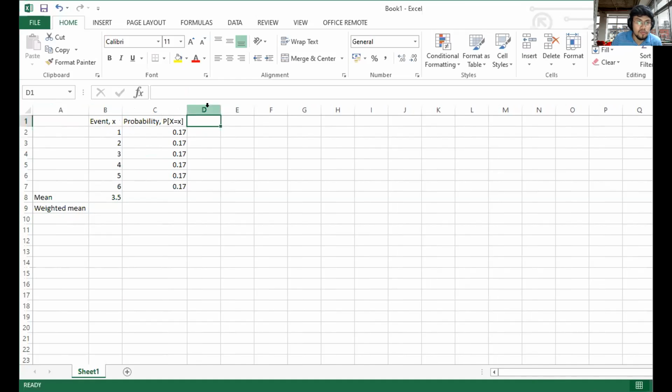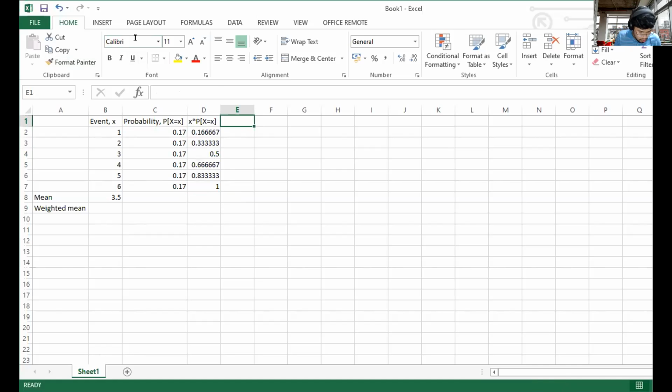That would be denoted by x multiplied by the probability of X equals x, and that would be this column times this one, and just Control D this one so that you get the exact formula of the first column down to the very last.